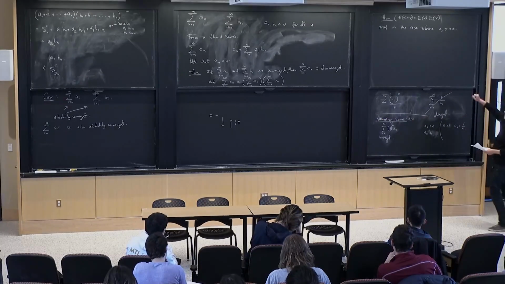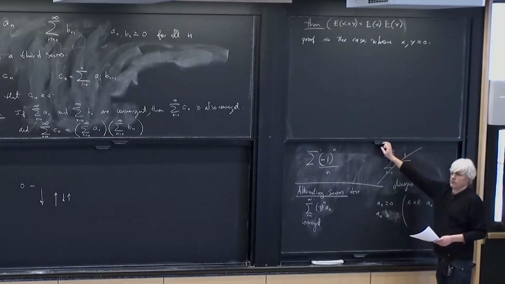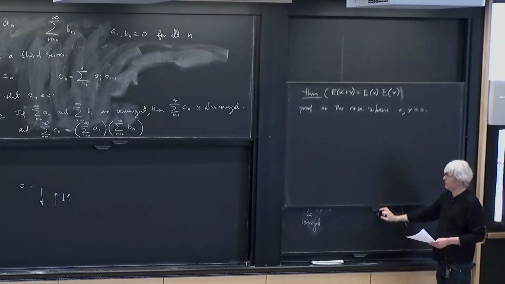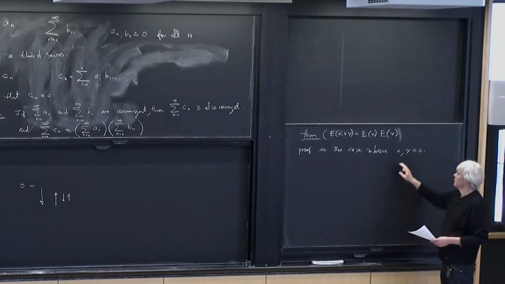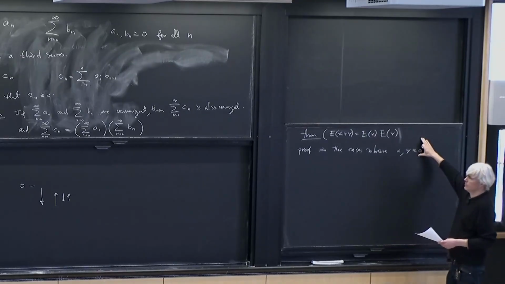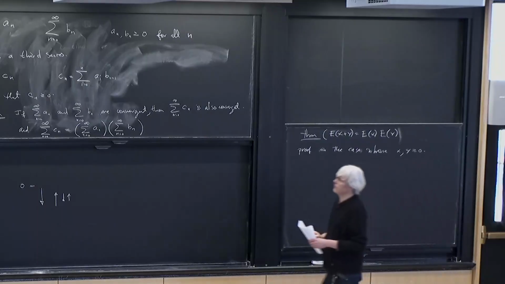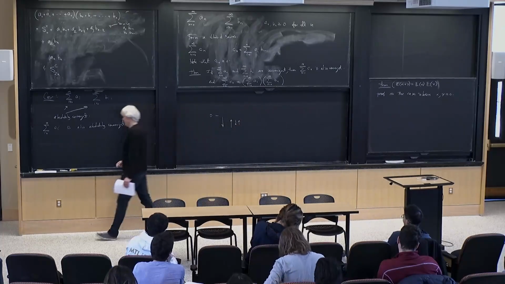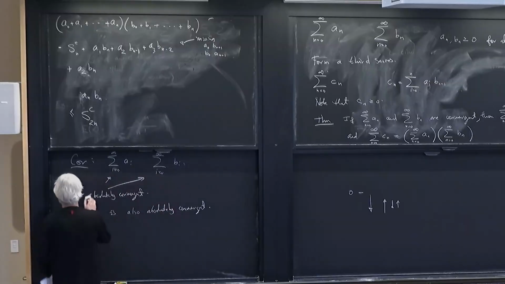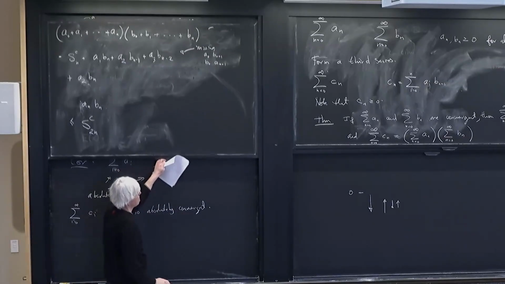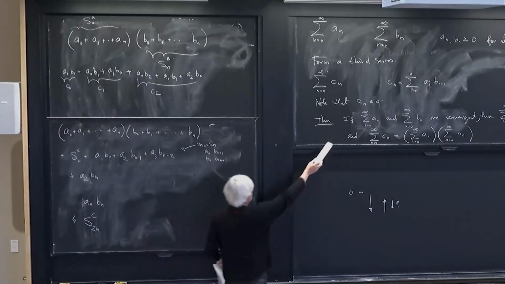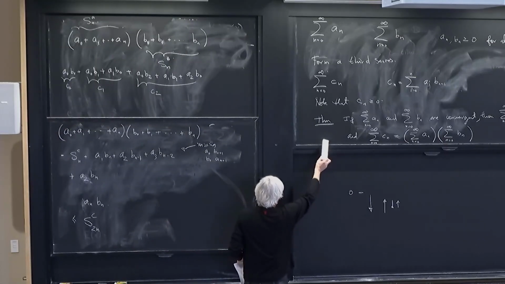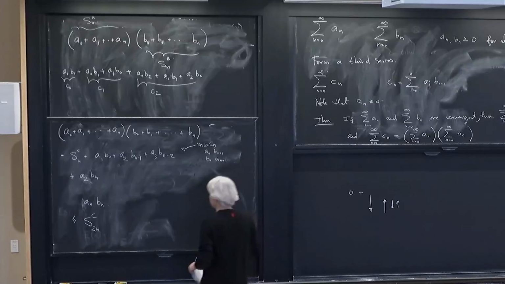Okay, so that was just a little bit of a side, but I hope it makes things a bit more clear. Let's come back to this theorem here. How do we prove this? We're going to use the theorem we just proved, this theorem here, to prove that theorem up there.